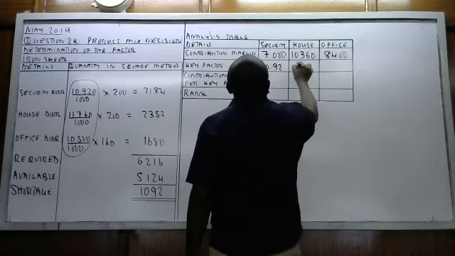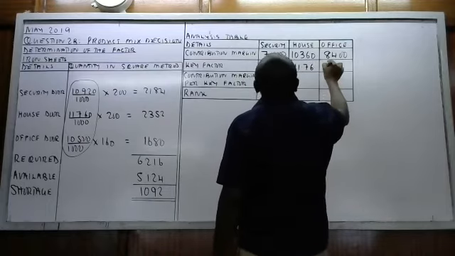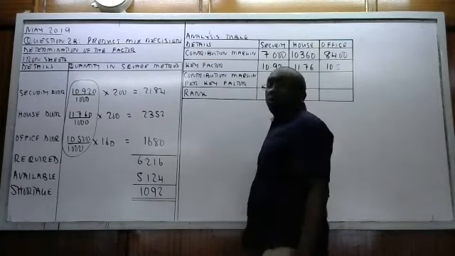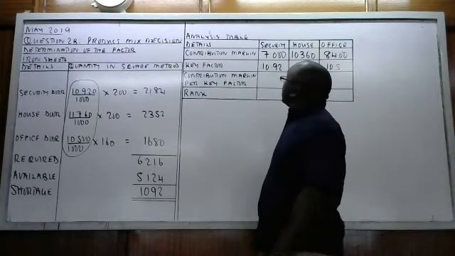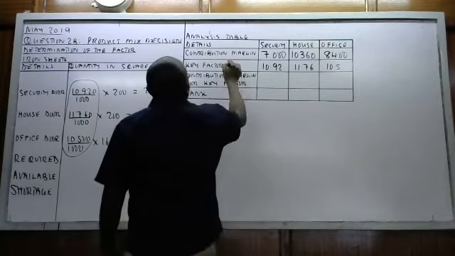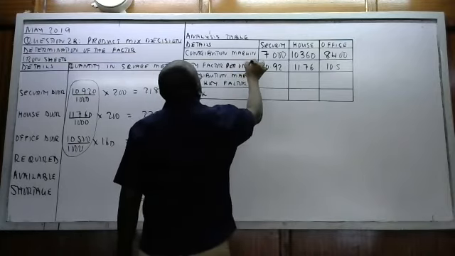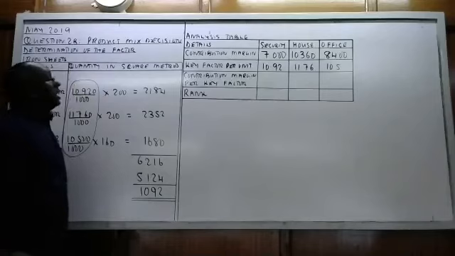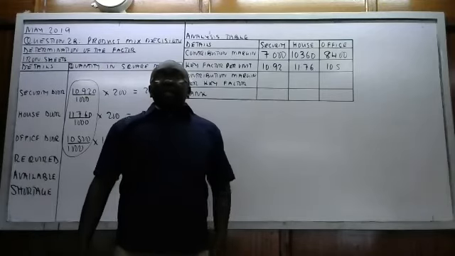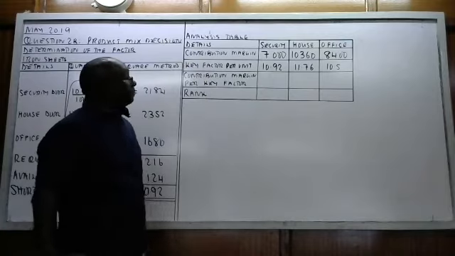The other one is 11.76. And this other one is 10.5. It is the key factor per unit. Key factor is the scarce resource. You can also call it product mix.